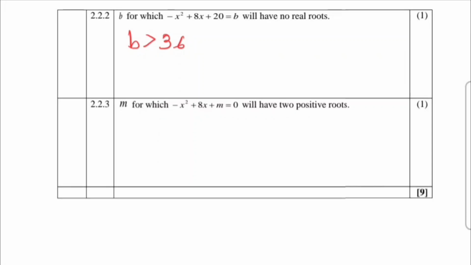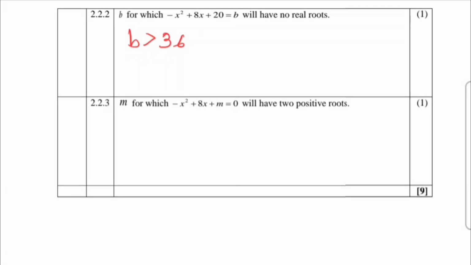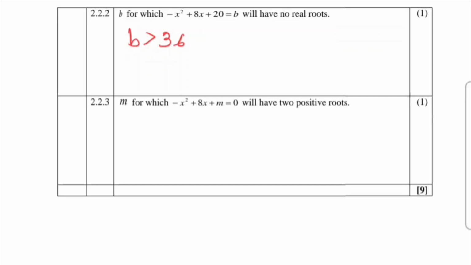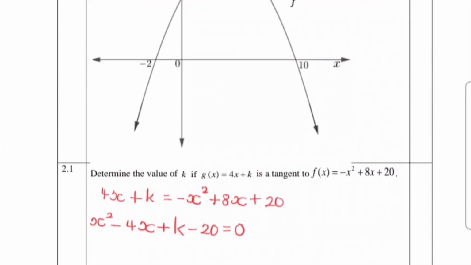Because remember here, m is representing the y-intercept. Remember your format, ax squared plus bx plus c. C is now m, where the graph cuts the y-axis. And we want to know what value or values should m be so that the graph has 2 positive roots.